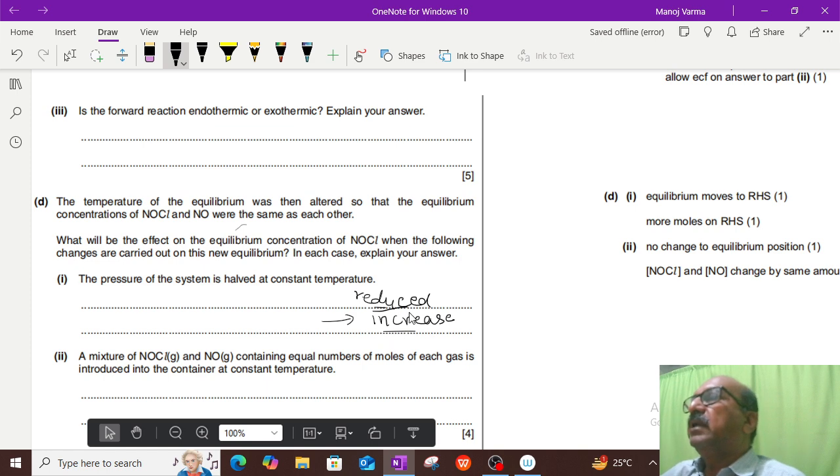In order to increase the pressure, the number of moles should increase. If the number of moles increases, then obviously the pressure is going to increase. So it will oppose the reduction in the pressure. Now you have to look where the number of moles are increasing.